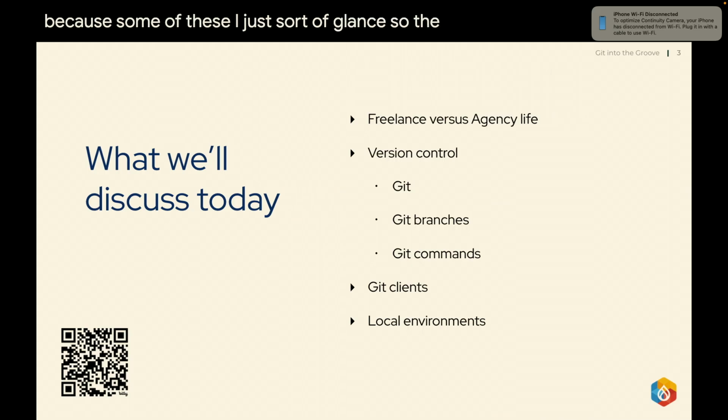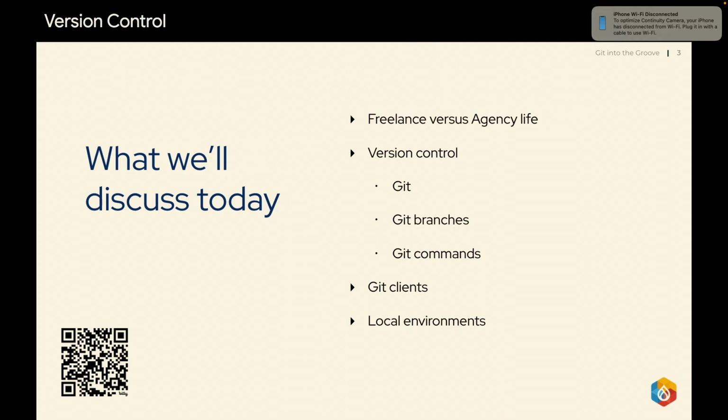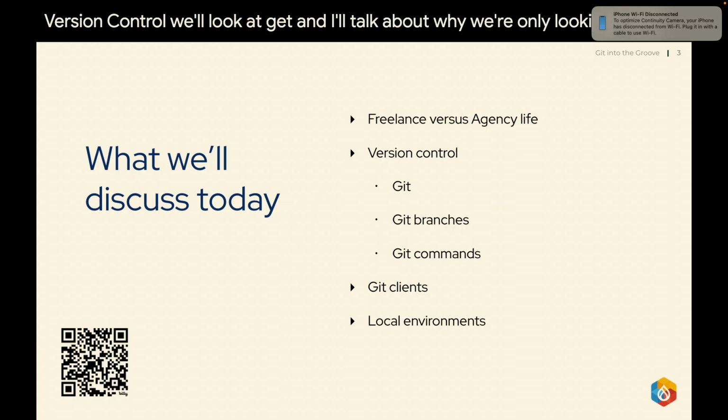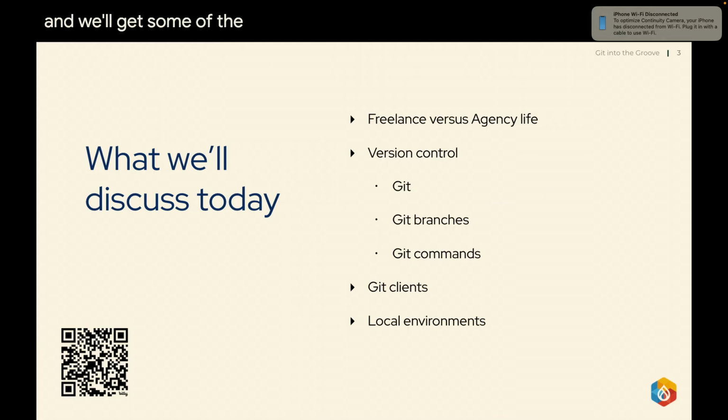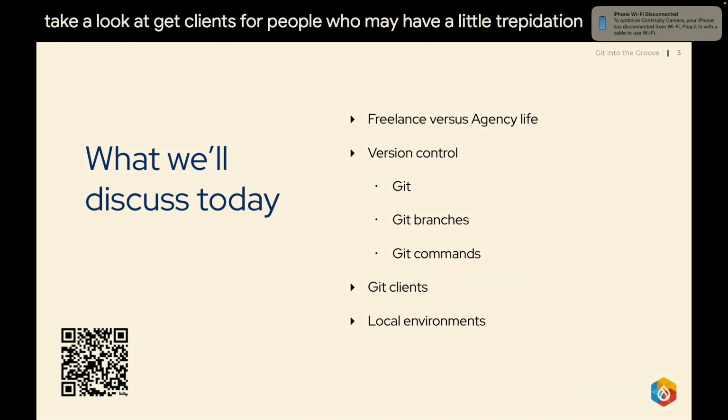So the agenda today: we'll talk about freelance versus agency. Again, this can be applied to contribution. We'll look at version control. We'll look at Git, and I'll talk about why we're only looking at Git. And we'll look at some of the basic commands. This is a basic talk, so we're not going to go into things like cherry picking and stashing. We'll take a look at Git clients, for people who may have a little trepidation working on the command line.